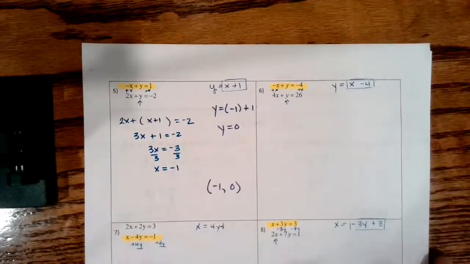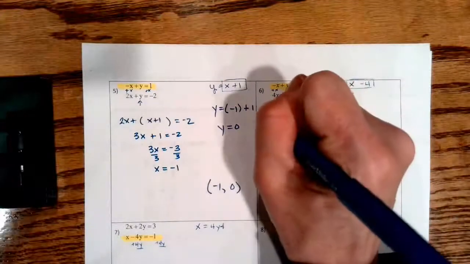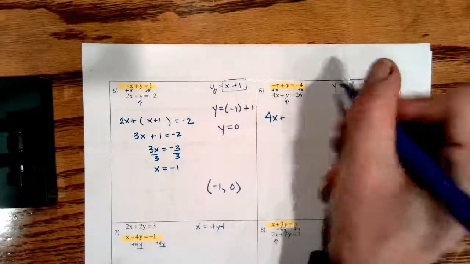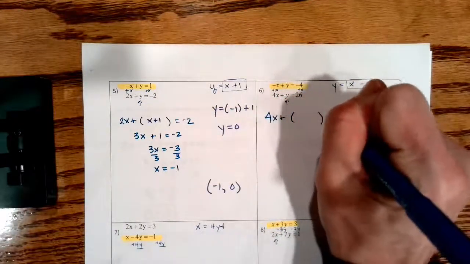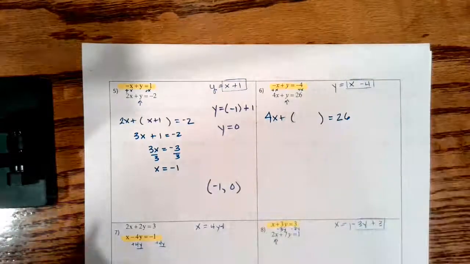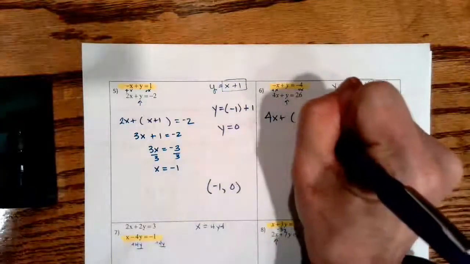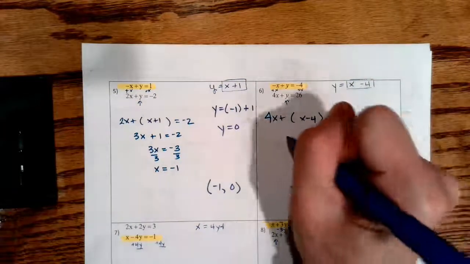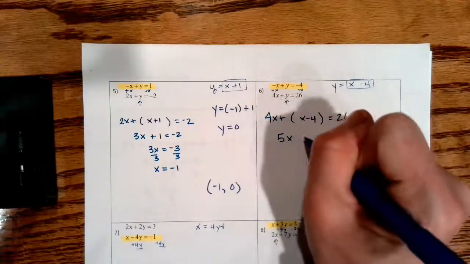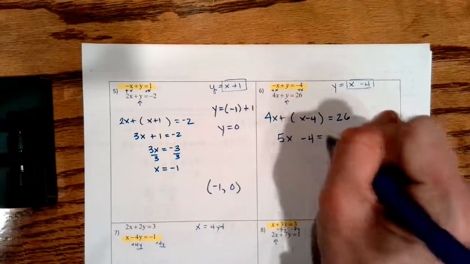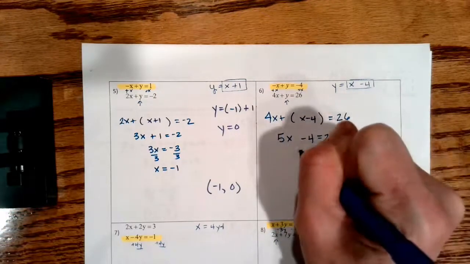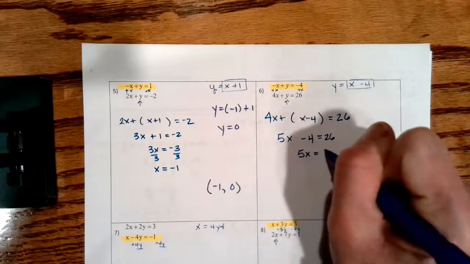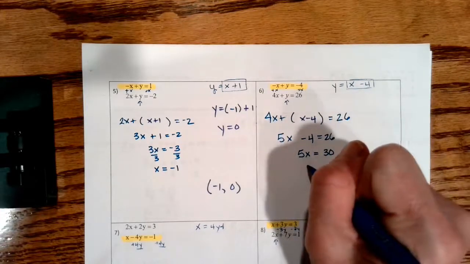All right, let's look at number 6. My original equation for x plus, I'm going to leave a pocket for what y is going to be equal to, and I'll put x minus 4 in. That's going to give me 5x's minus 4 is equal to 26. If I add 4 to each side, that gives me 30.